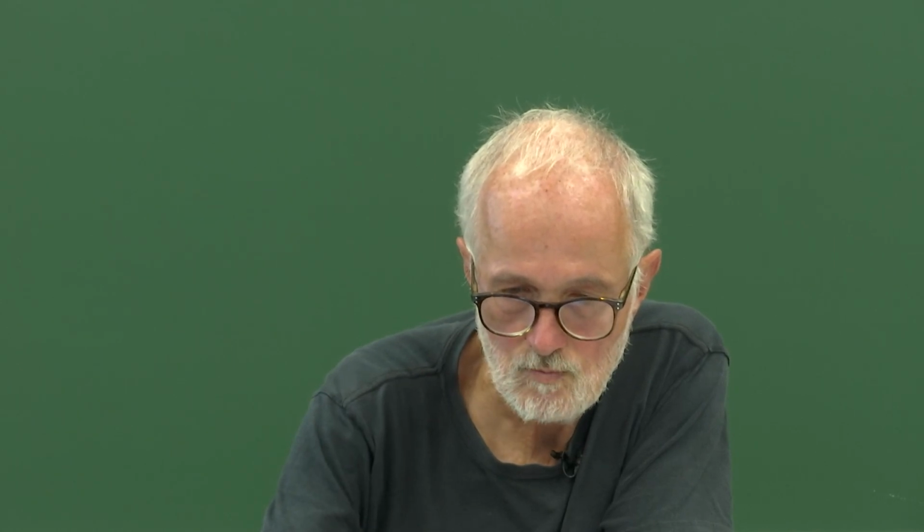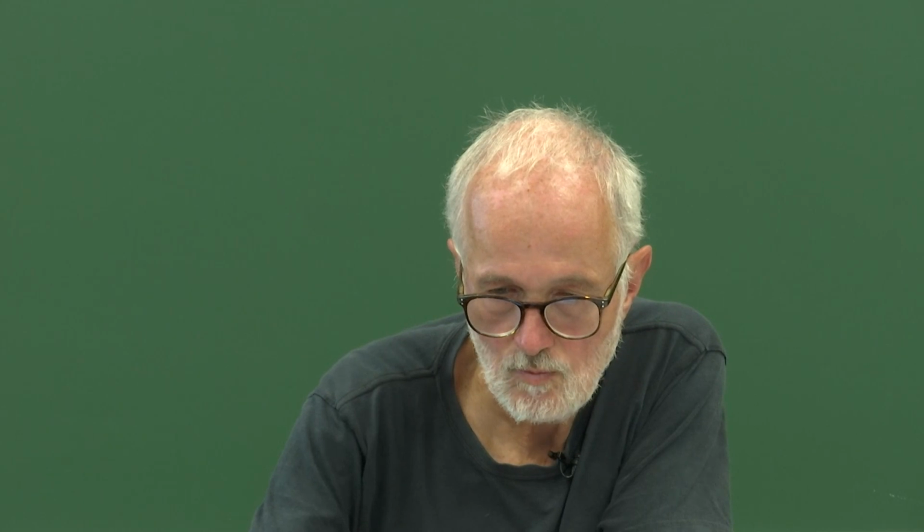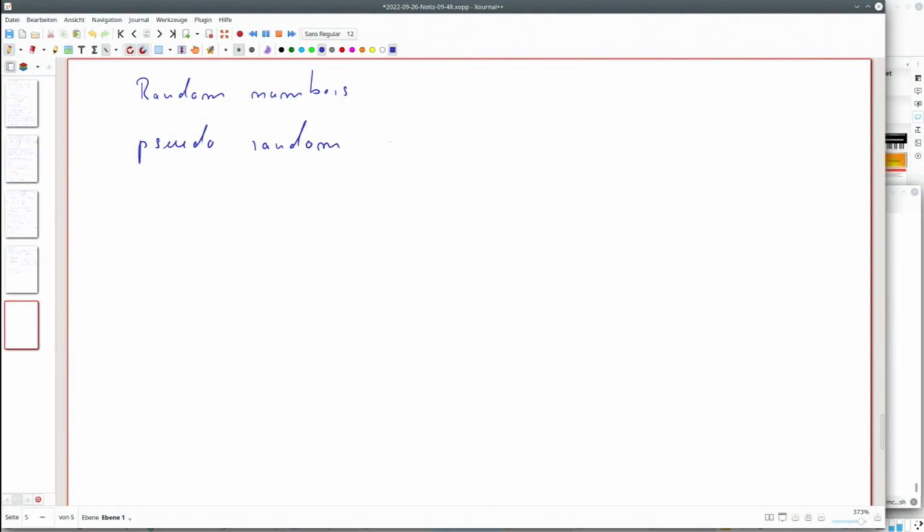Pseudo random numbers. Typical algorithms use this iterative procedure. You have a random number Rn, you multiply it, you add something perhaps, and take the remainder by division by C, so the modulus.